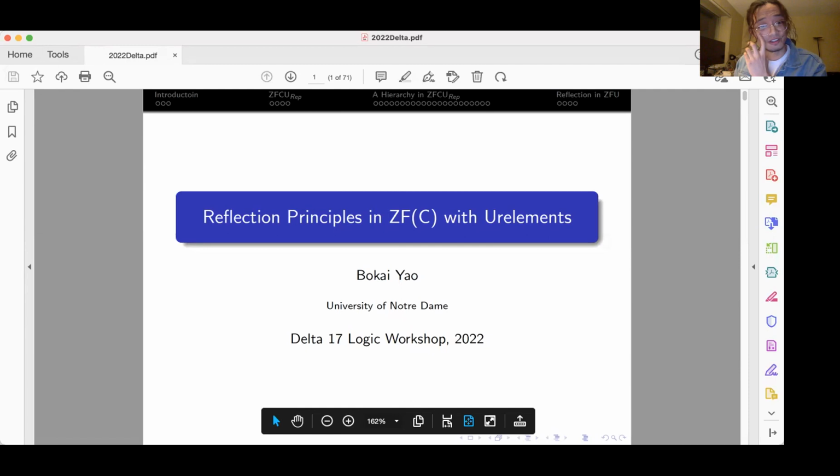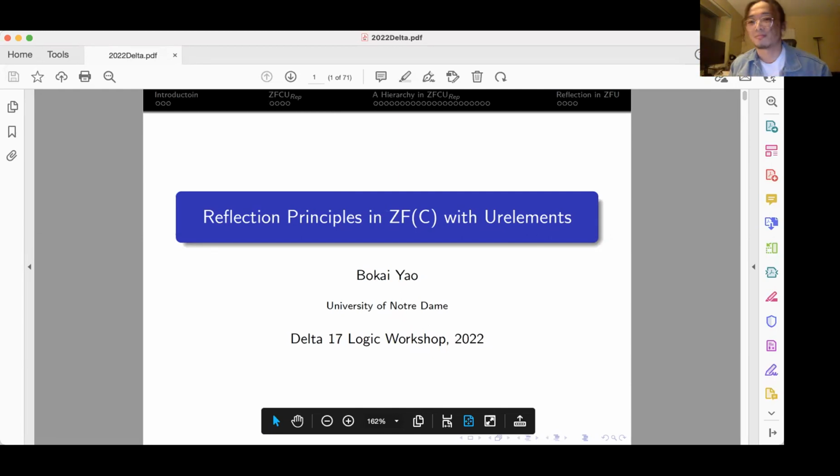So Ward elements are things without members and they're not sets. A set theoretic universe with Ward elements looks something like this. At the very bottom you have a class of Ward elements, might be a proper class, might be a set. Then you can generate sets of Ward elements and sets of sets of Ward elements, etc. So this universe can be seen as a universe that includes absolutely everything, right?